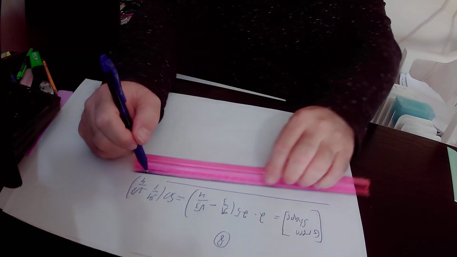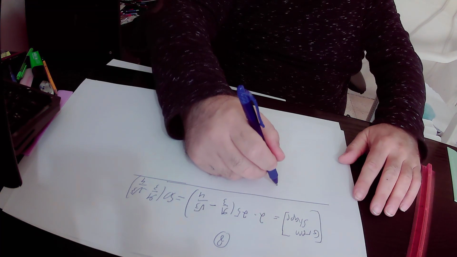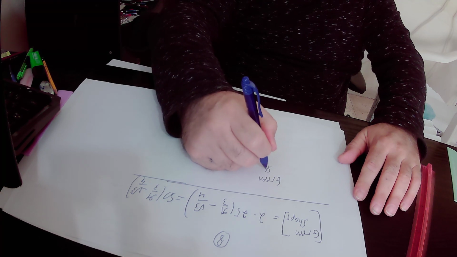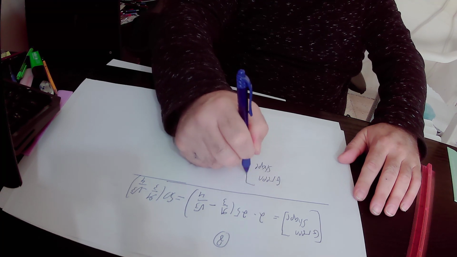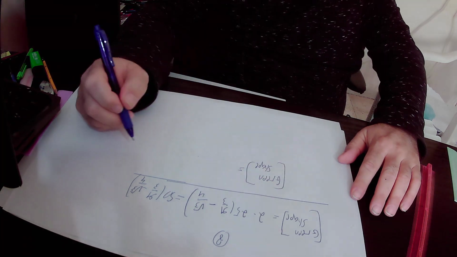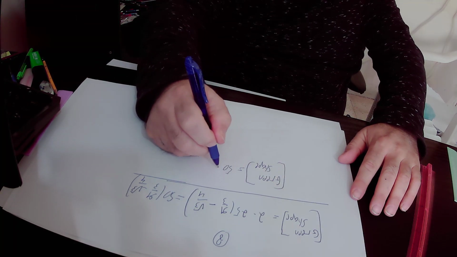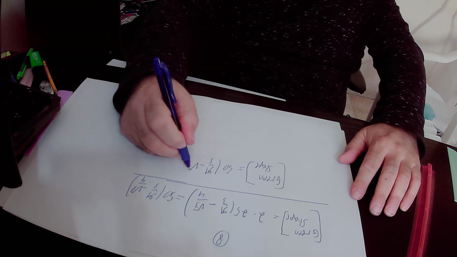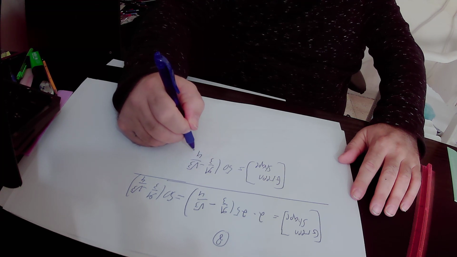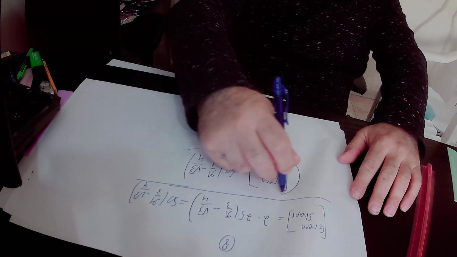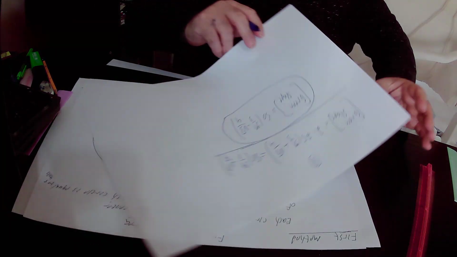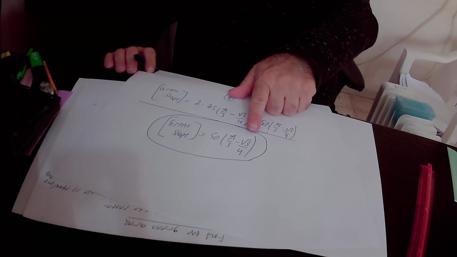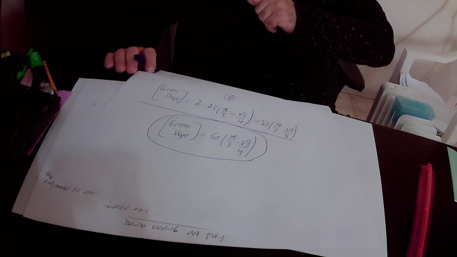So the area of the green shape is equal to 50 times pi over 3 minus square root of 3 over 4 square units. Again, the area of the green shape equals 50 times pi over 3 minus square root of 3 over 4 square units.